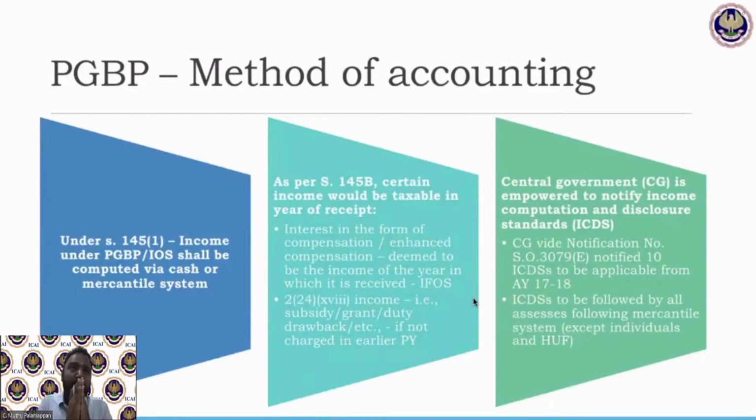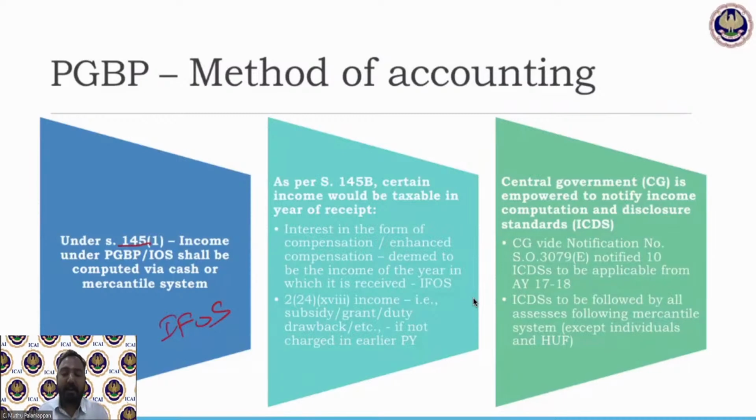So let me continue. With business and profession done, the next thing we are going to understand is how you maintain your books of account when it comes to business and profession. Section 145 says that for both PGBP and IFOS, that is income from other sources, you can maintain the books of accounts either in cash accounting or mercantile system of accounting.